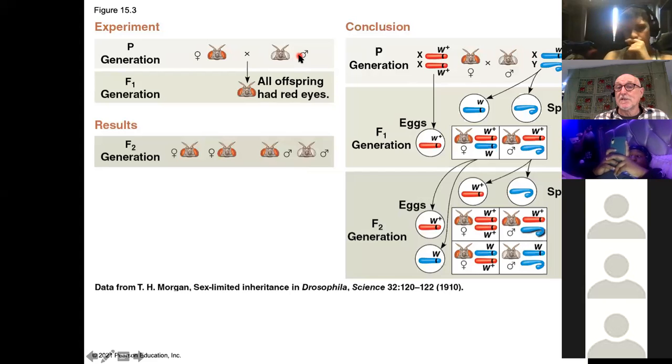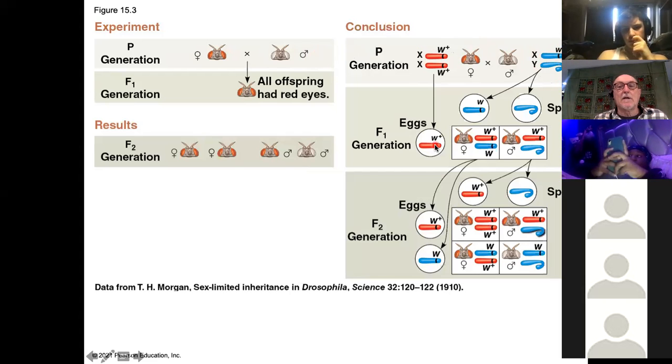Morgan reasoned that this was a recessive allele, and it was carried on the X chromosome that the male has, because males have an X chromosome and a Y chromosome. They're not carrying any of the genes. They don't carry any of the alleles on the Y chromosome. Their only source for the allele is the X chromosome. This is a white-eyed male. It's a recessive allele. He must be carrying the recessive allele on the X chromosome. There it is there, little w.